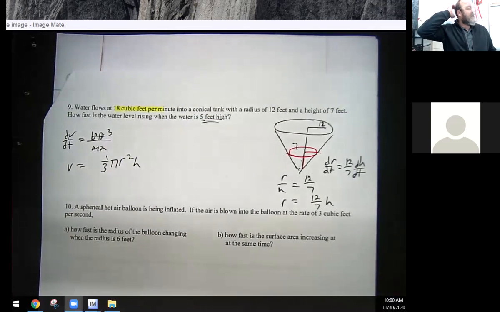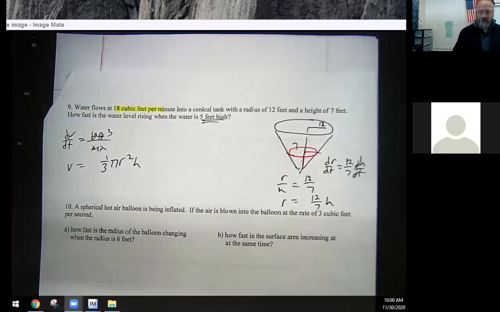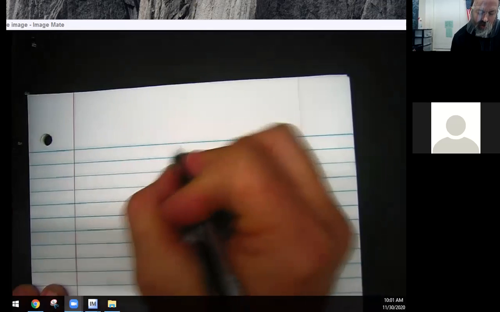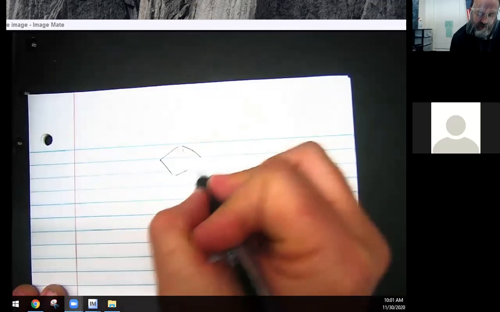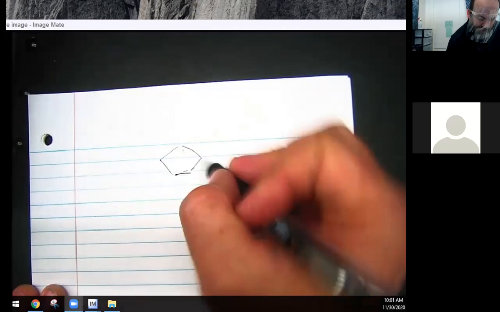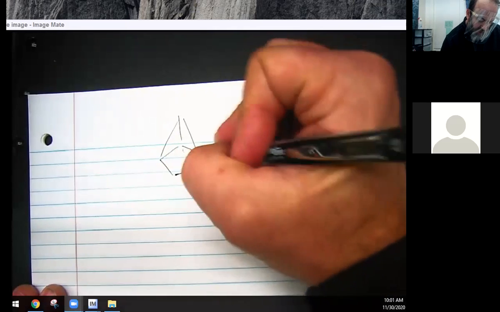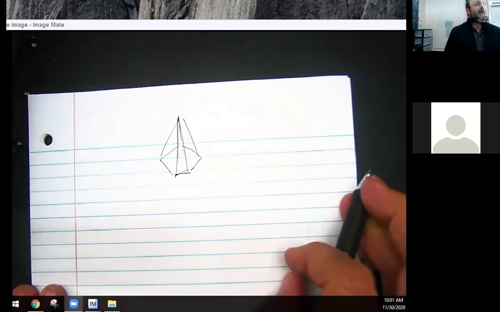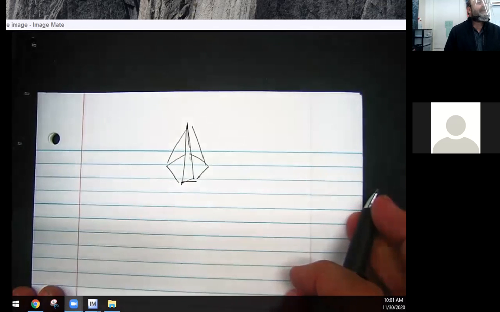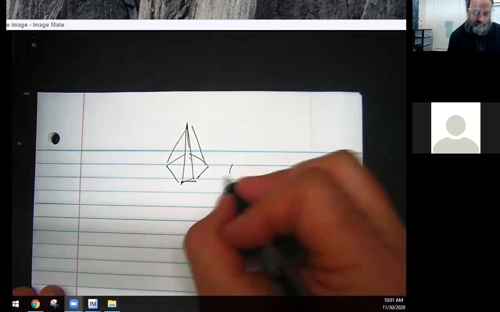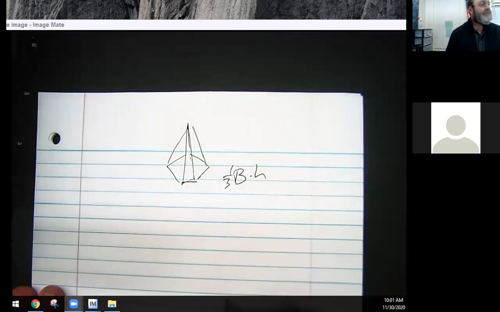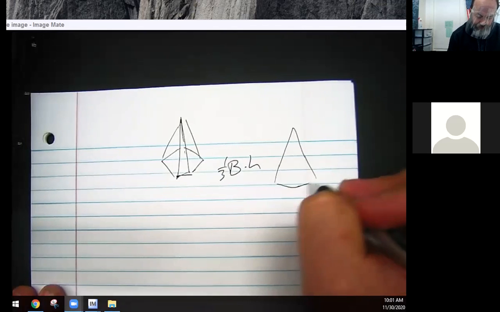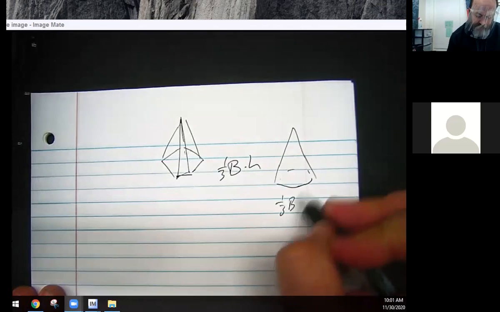One interesting thing, and I don't know if you guys know this: let's imagine you had a pentagonal pyramid. You know what the volume of that shape is going to be? 1/3 base times height. With a cone, it's 1/3 base times height.